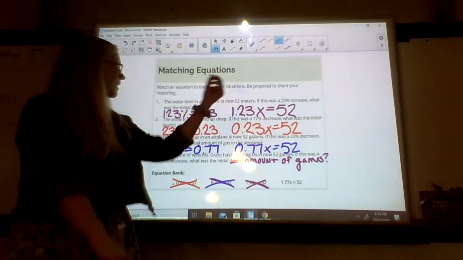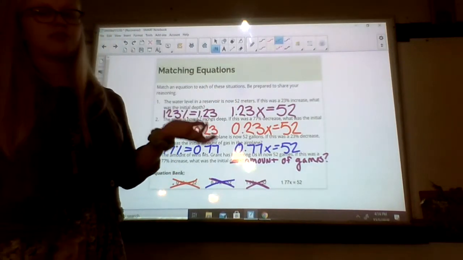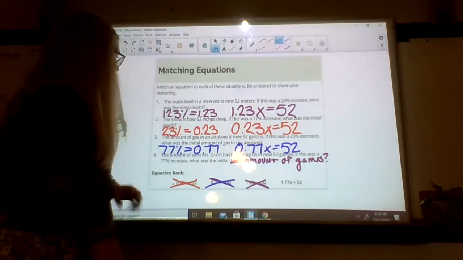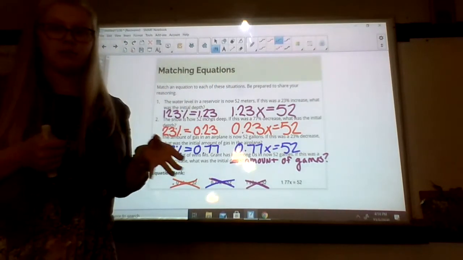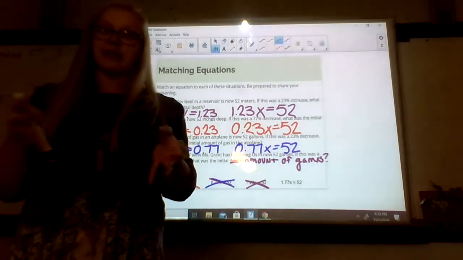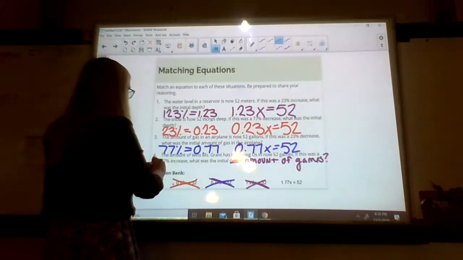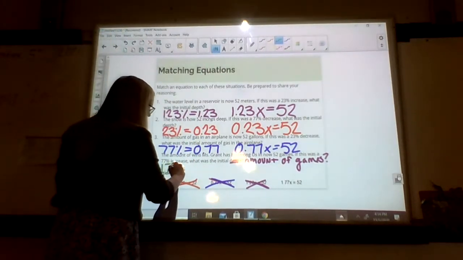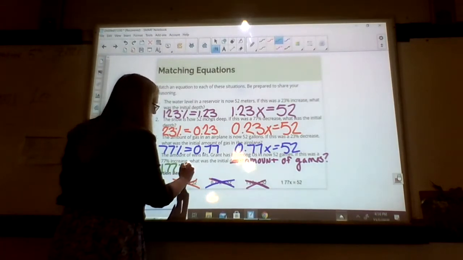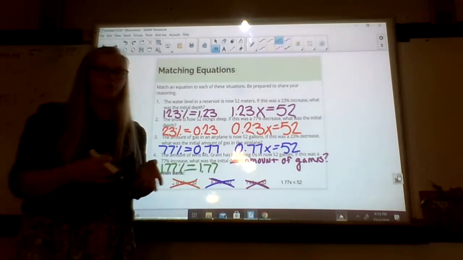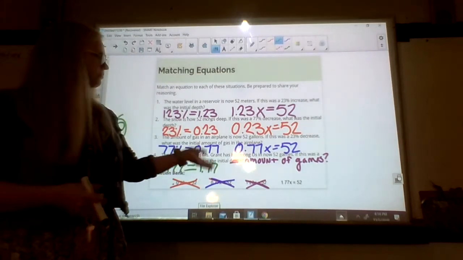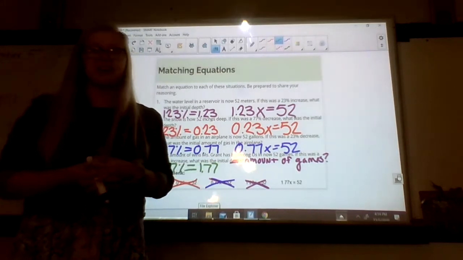And this was a 77% increase from the initial amount of games won. So if I'm increasing, that means I'm taking my 100% and adding 77%, giving me 177%, which is going to be 1.77 as a decimal. Well, we don't have to think much further.